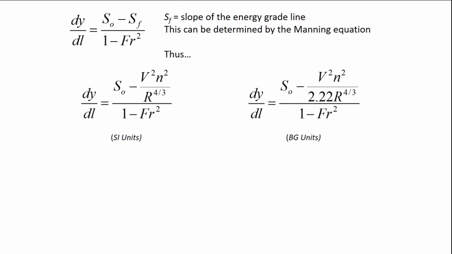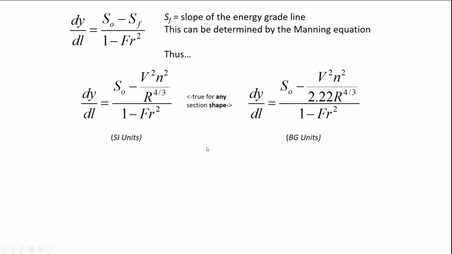That's SI units, but in traditional units, we have to use 1.486 as the units conversion. That is really terrible. So this is rearranging that to solve for the slope of the energy grade line, what you'd get for SI units or for BG units.